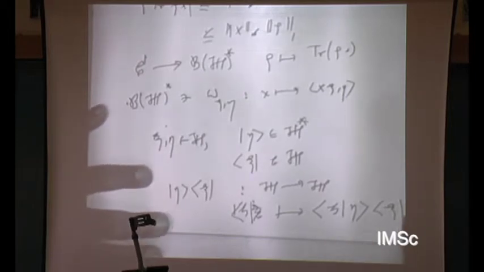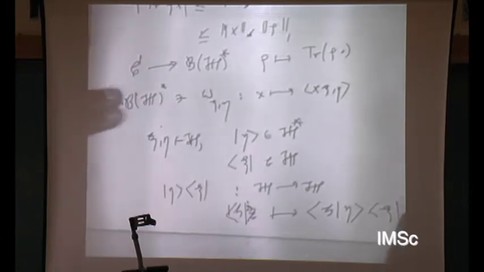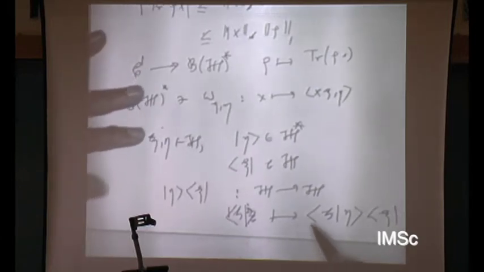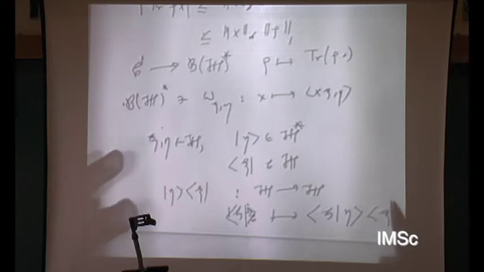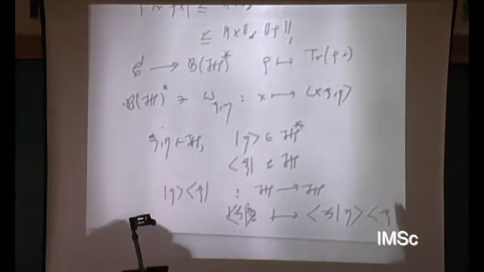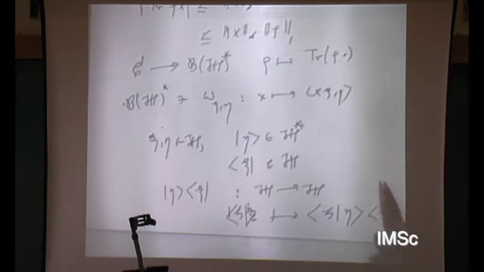Now this is clearly an operator of rank 1. It sends every vector to a multiple of psi. So it is a rank 1 operator, and conversely every rank 1 operator will look like this. If with rank 1, let's say the range is spanned by a vector psi, then any zeta must go to some scalar multiple of psi.